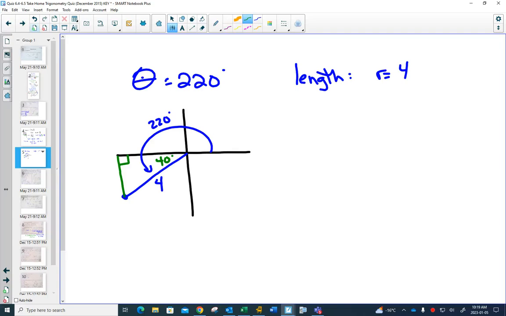And if I want to find this point, I need its x-coordinate and its y-coordinate. Can you see that its x-coordinate is whatever that length is? Its y-coordinate is whatever that length is. And the y-coordinate would need to be negative, and the x-coordinate would need to be negative because it's in quadrant 3.